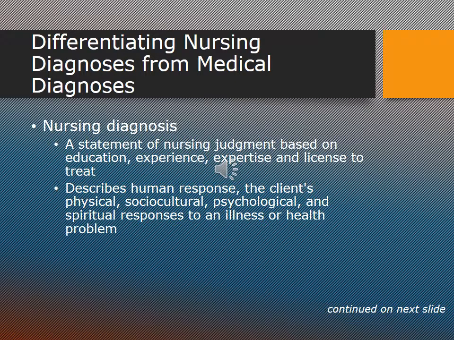So now we're going to differentiate a nursing diagnosis from a medical diagnosis. When we look at a nursing diagnosis, it's a statement of the nurse's judgment based on education, experience, expertise, and we have a license to treat. It describes the human's response, the client's physical, sociocultural, psychological, and spiritual response to an illness or health problem.